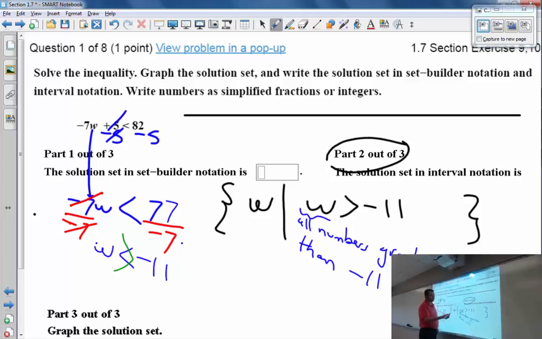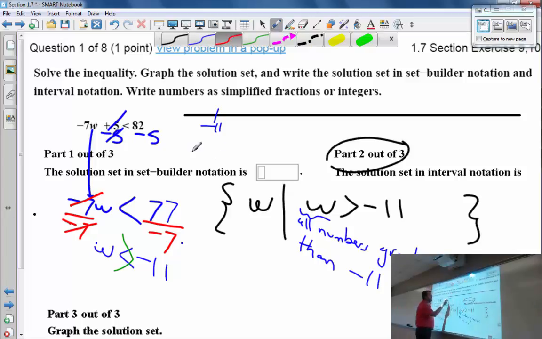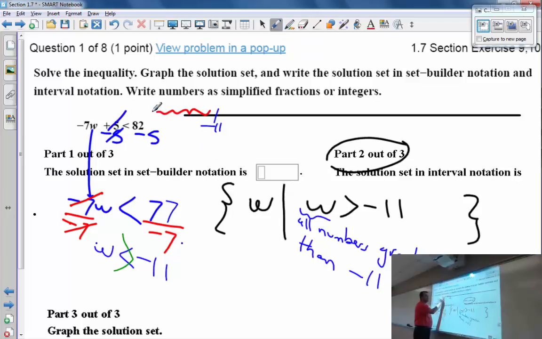So where is minus 11? If 0 is in the middle, minus 11 should be somewhere on the left. Let's mark it here. And numbers greater than minus 11, where are they located? To the left, right? Here? No, this is minus 12, minus 13, 14, all smaller.